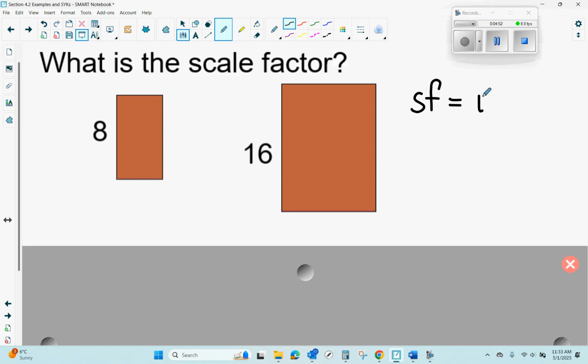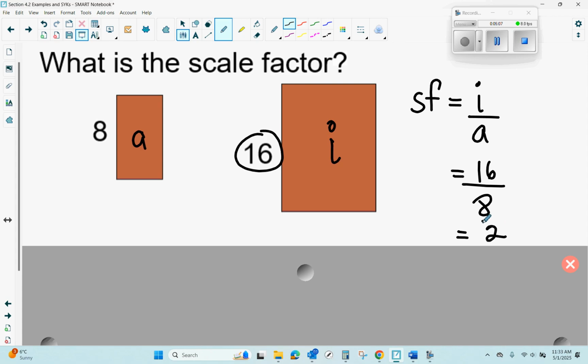Scale factor equals image divided by actual. Okay, actual is the first one, image is always the second. Scale factor is equal to 16 divided by 8. That is a scale factor of 2. That means we multiplied the first shape by 2 to get the enlargement.